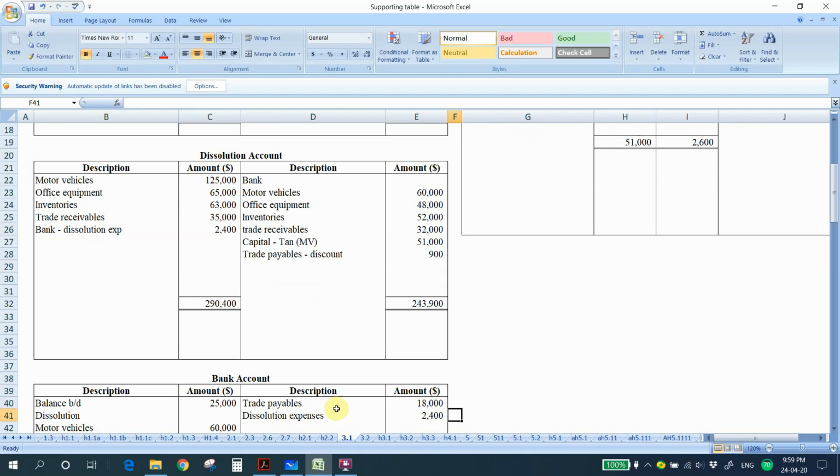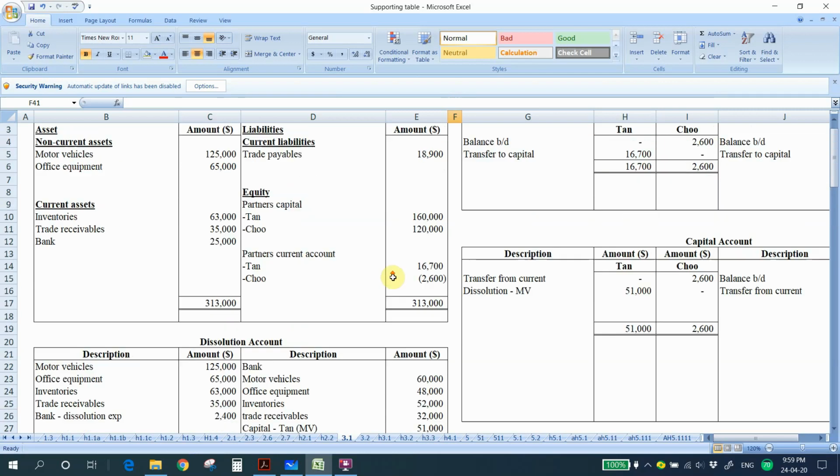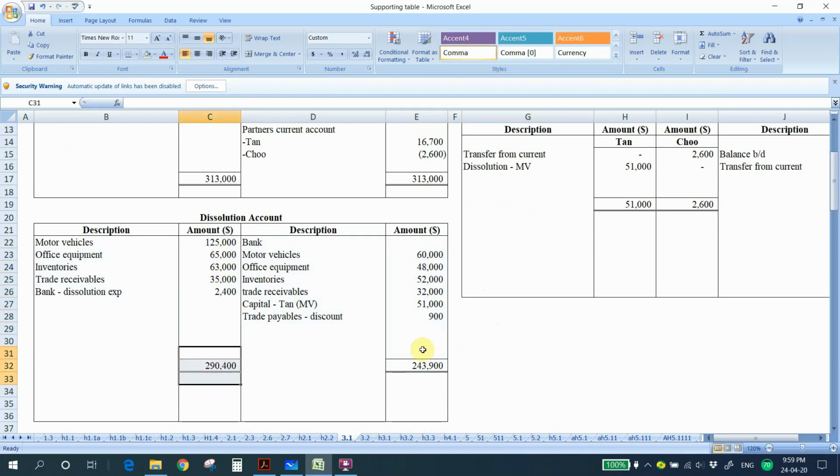So basically we have recorded all the transactions for the dissolution, and the next step is we have to balance up the dissolution account to find out whether this partnership is making a loss or gain from the dissolution. So from here we can know that the credit entry is more than the debit entry, the amount 290,400 and 243,900.